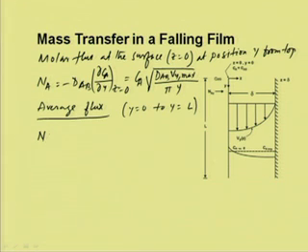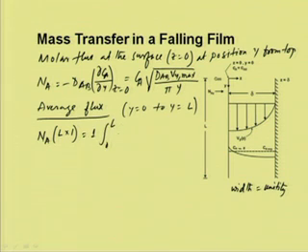So, N A average into L, with per unit width of the film being unity, is equal to 1 integral 0 to L N A at z equal to 0 dy.